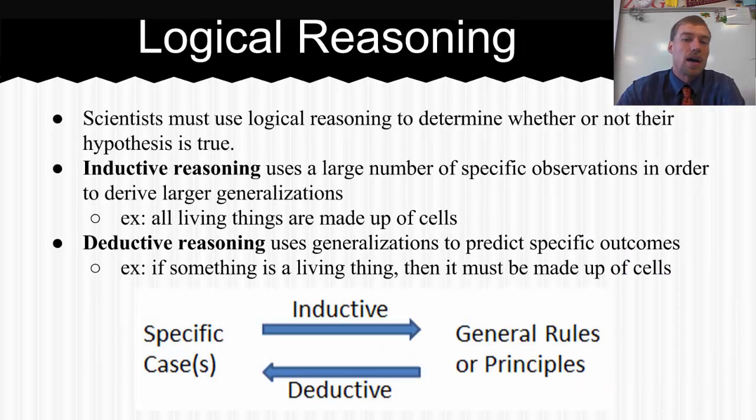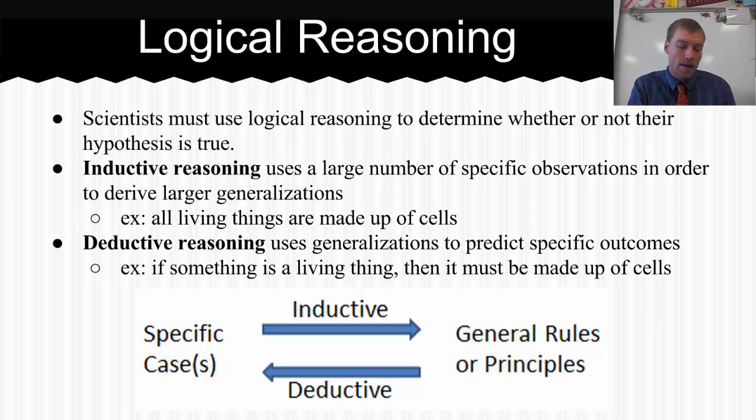Now, when we talk about something being logical, there are a couple different ways we can talk about things. We can talk about inductive reasoning, or we can talk about deductive reasoning. With inductive reasoning, we're going to use a large number of specific observations in order to derive larger generalizations. So we have lots of data, lots of experimentation, and then we derive larger generalizations.